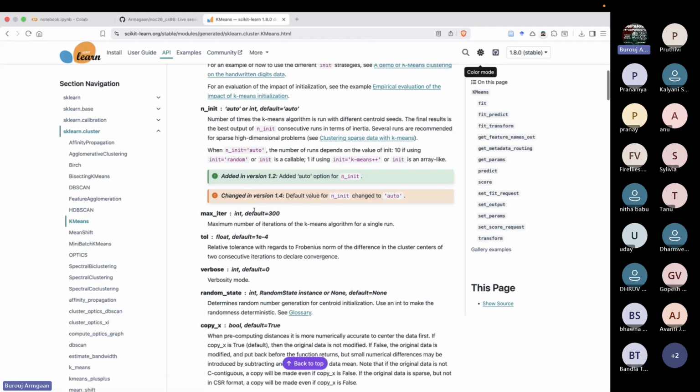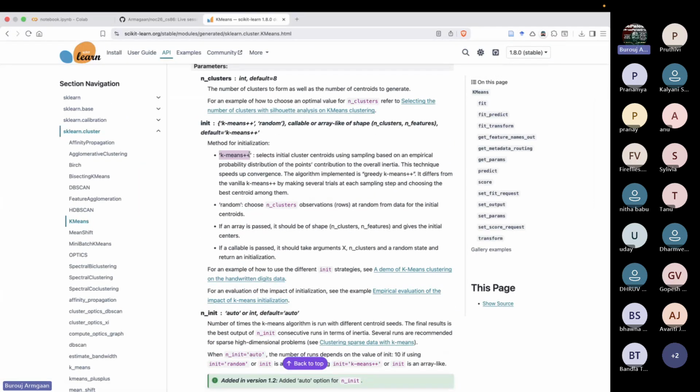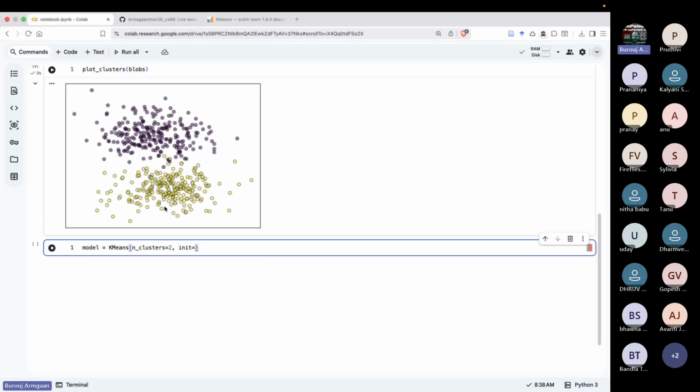Therefore, you have these techniques. For example, here you will see it says k-means plus plus or random and so on. If you supply k-means plus plus, it starts out with one of the data points as the cluster center. For example, it will pick this as a random data point.